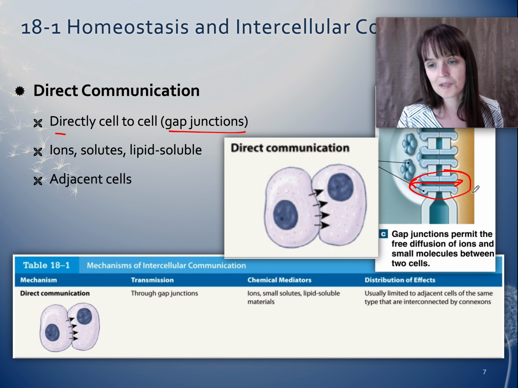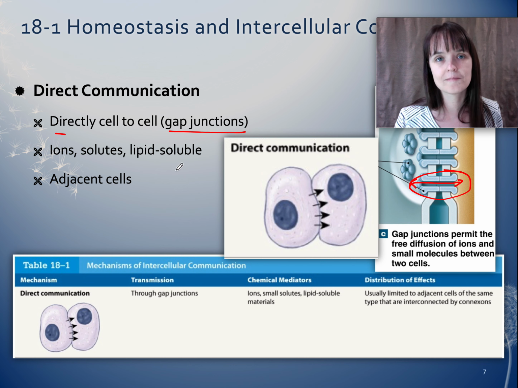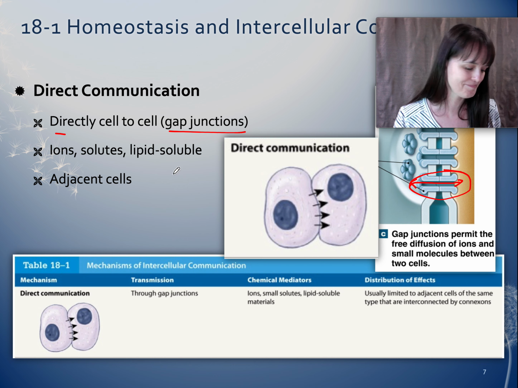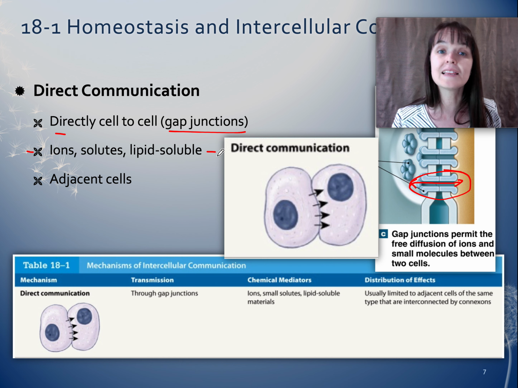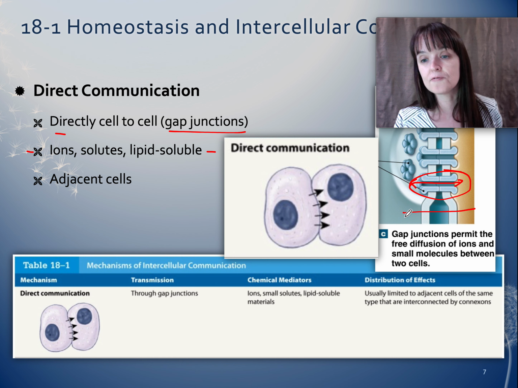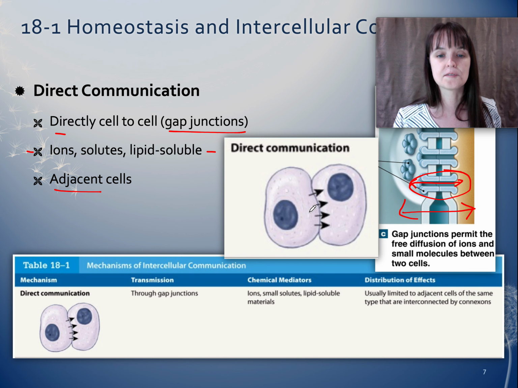So these are relevant several times this semester, well, right now and when we do heart cells. And the chemicals here are ions, solutes, and any lipid soluble thing that can diffuse through the cell membranes. And the adjacent cells, adjacent means next to, touching, so adjacent cells.